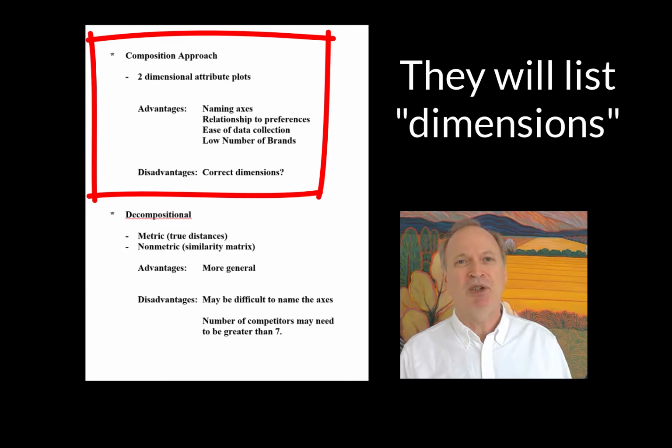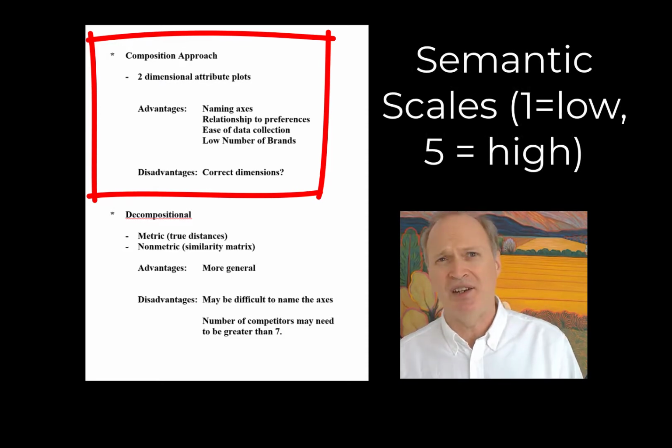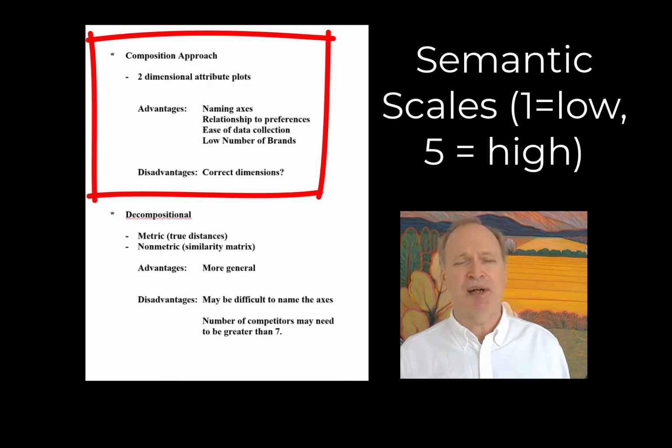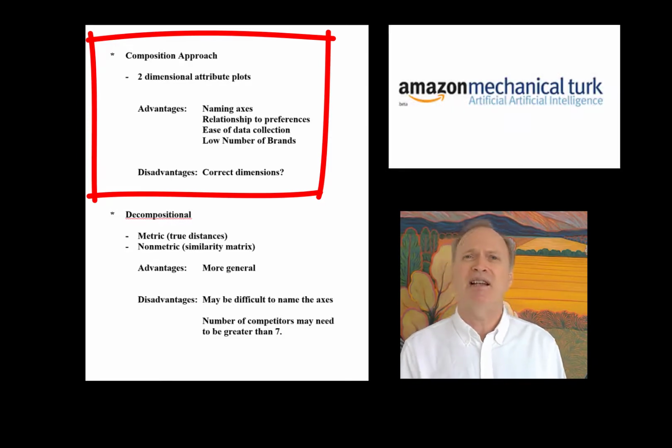Then, step 2, you're going to ask people to evaluate each of the airlines on each of those dimensions. How good is Lufthansa on flight attendants? 1 is terrible, 5 is great. How good is Air France on food? 1 is terrible, 5 is great. And you simply go across all the airlines and have them fill out this questionnaire. This could be done online. Amazon launched something called mTurk, which is a nice way to collect data like this.